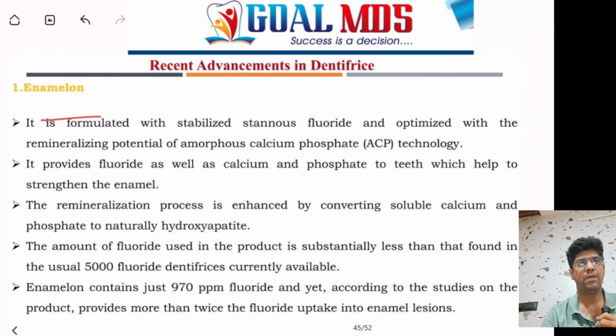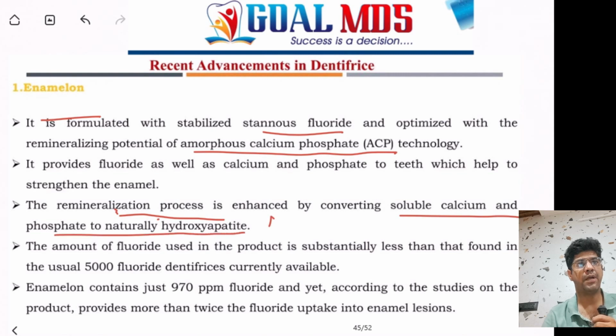Enamelon is formulated with stannous fluoride and amorphous calcium phosphate technology. They contain the key ingredients that contribute to enamel protection. Here the remineralization process is enhanced by converting soluble calcium and phosphate to natural hydroxyapatite. Enamelon contains just 970 ppm of fluoride.